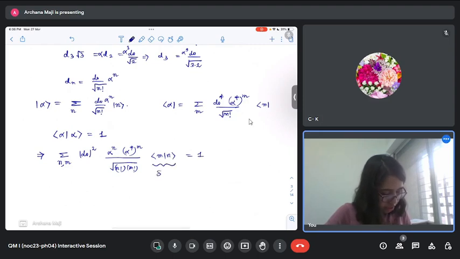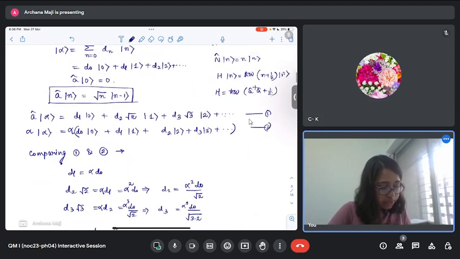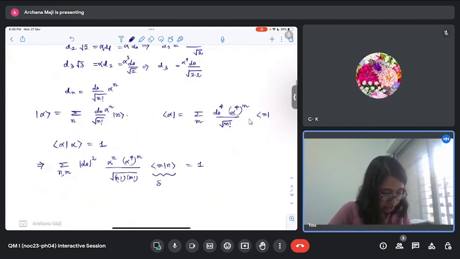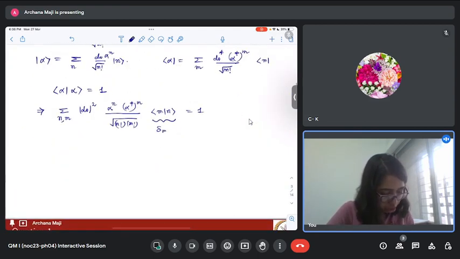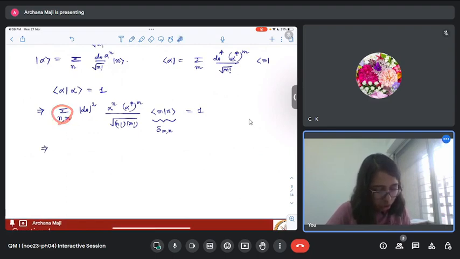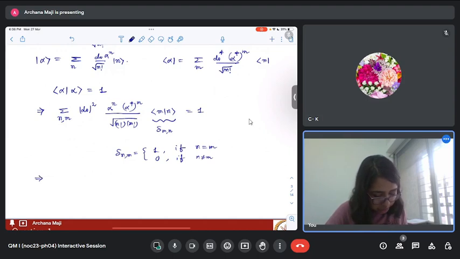Now, these basis states are all orthonormalized, so this has to be delta m comma n, and if you take summation over m, then all m has to be replaced by n. That's the property of the delta function. So delta n comma m is equal to 1 if n equals m, and 0 if n is not equal to m.